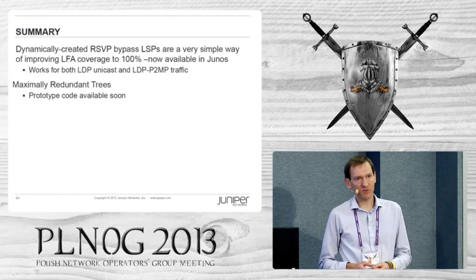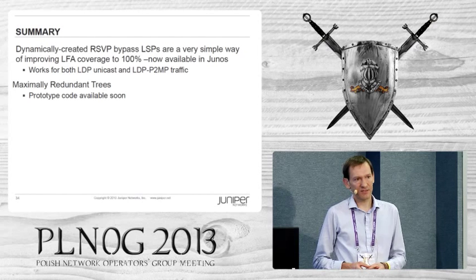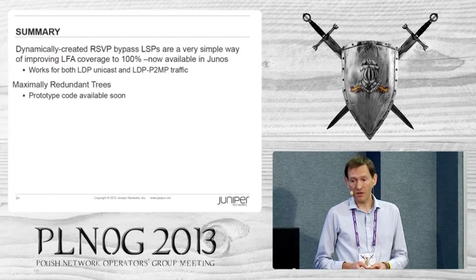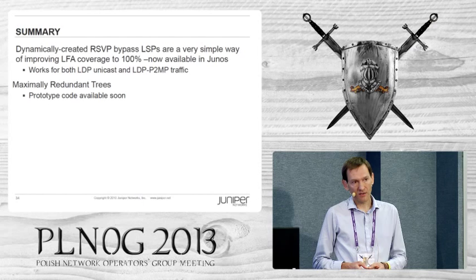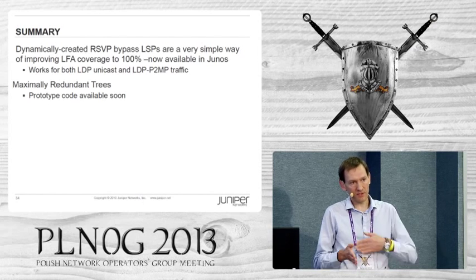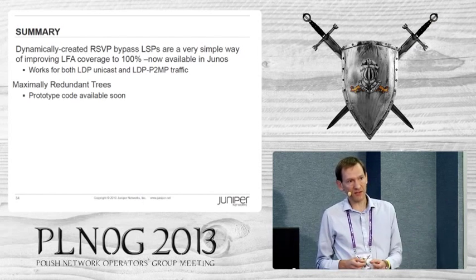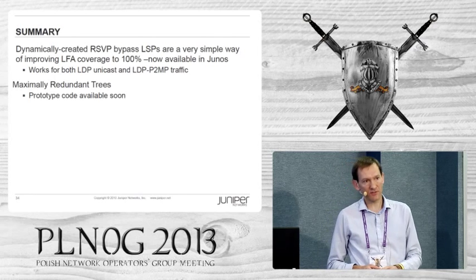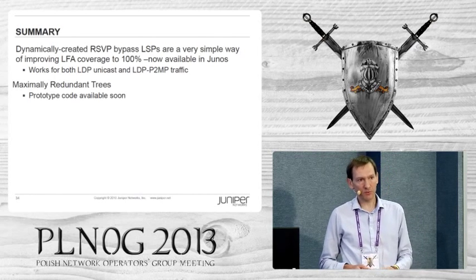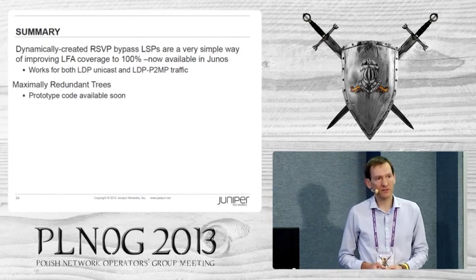So if someone's got a few hundred links, that's a few hundred LSPs. Even if they've got ECMP paths and things like that, that should be fine as well. Vendors publish scaling figures for how many RSVP LSPs they can support, and they tend to be in the range of tens of thousands crossing a particular node. So that's easily comfortable for these schemes that I've been discussing.